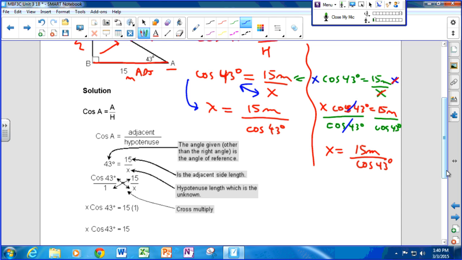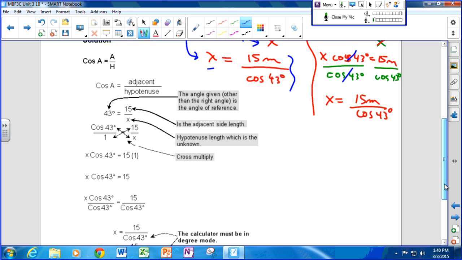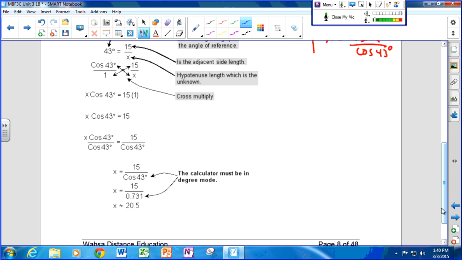The beauty of it is you end up with x by itself, and all of these things are calculated. 15 divided by cos 43, hit the button, and you should end up with what they show here, 20.5 meters. Don't forget the units.